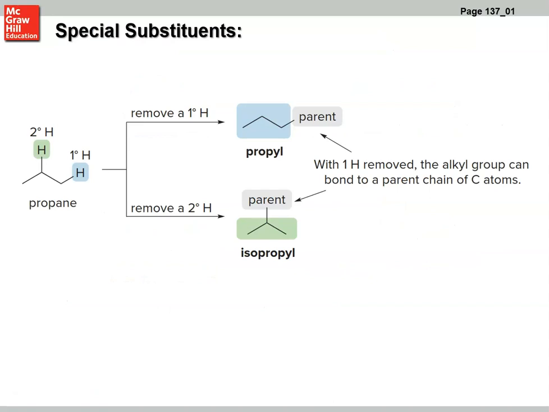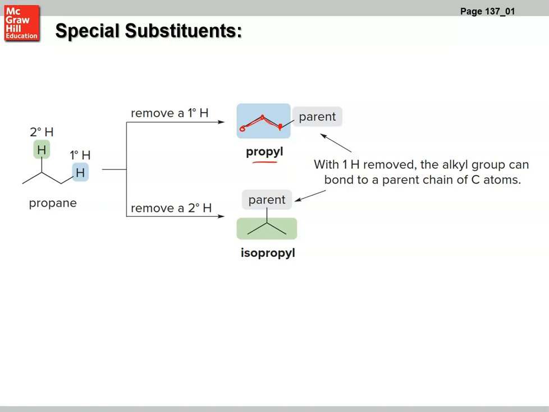I do want to point out that there are a few different special substituent groups that are commonly referred to. And here is a difference between a propyl group. A propyl group is the one we just mentioned on the last slide. You'll have your parent chain, and then you'll have a propyl group. So that's 3 carbons. And that is typically how it goes if it's coming off of the end and that chain extends off of it.